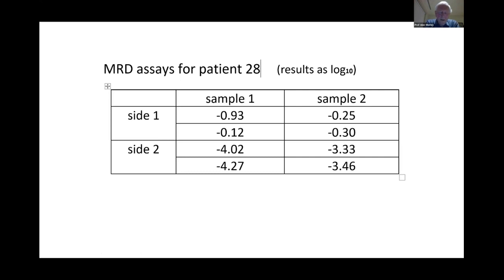It was a skewed distribution with a few very large sampling variations, and the majority were reasonably small. And this shows you the data from the patient with the largest variation. You can see that on one side, both needles must have gone into the same clone, at least on side 1, a marked leukemic clone, a very high level of residual disease.